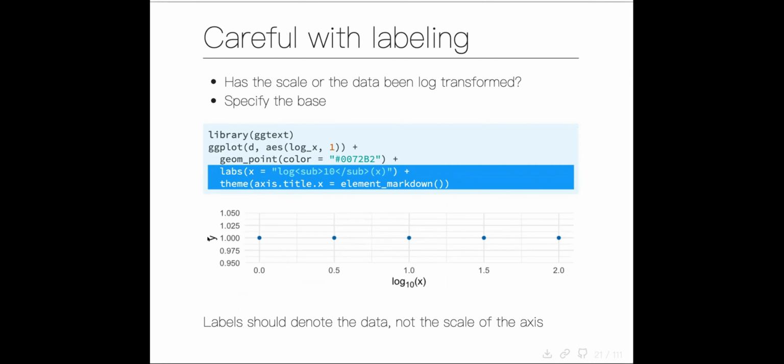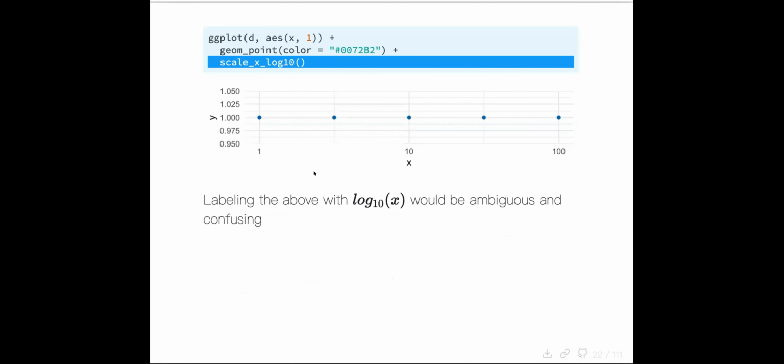The other thing is you should probably be very careful about your labeling of these axes, right? So if you have transformed the data, then label the axis according to that transformation, right? So log 10 of x, that's what this is representing, because I have transformed the data, right? Whereas here, this is x, this is the raw data, but the scale itself is log transformed.